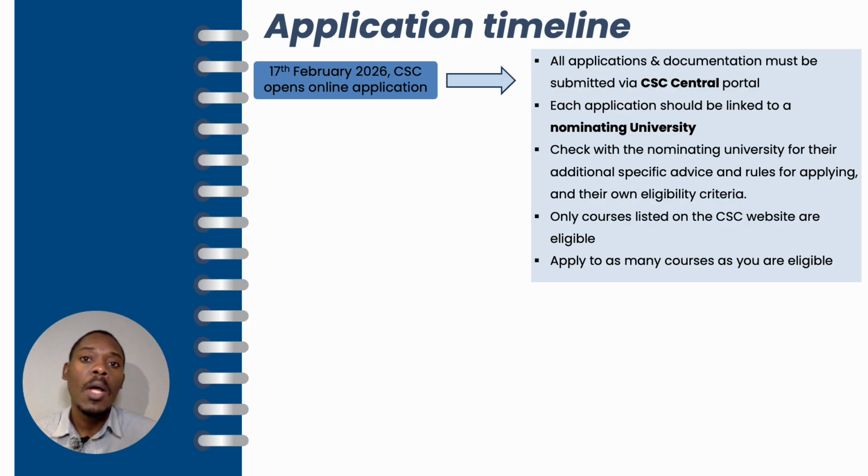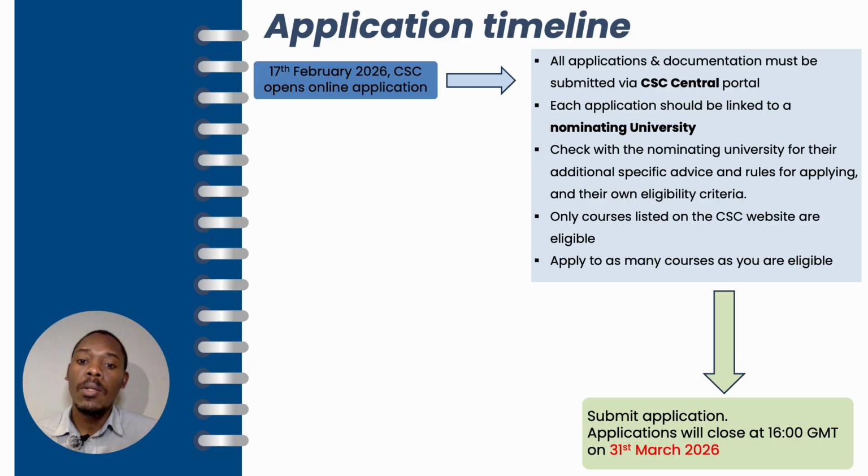So you follow through like I've demonstrated, and you also apply for admission and ensure that you meet the criteria for both the university and for the scholarship commission. And once you make that application, you need to ensure that you submit the application by the deadline. So for admission, you submit by the deadline for that respective university. And for the scholarship, you submit your application by the 31st of March 2026.